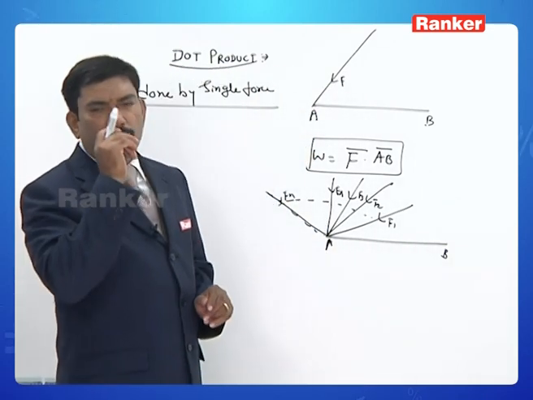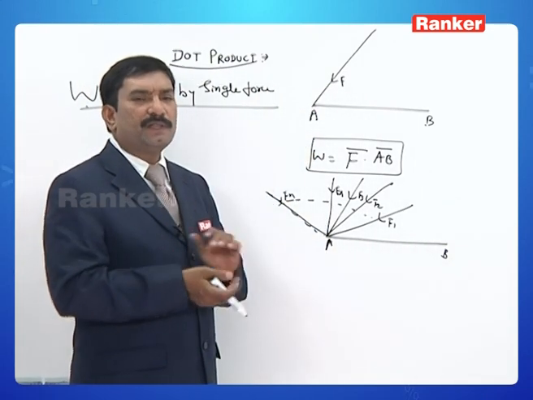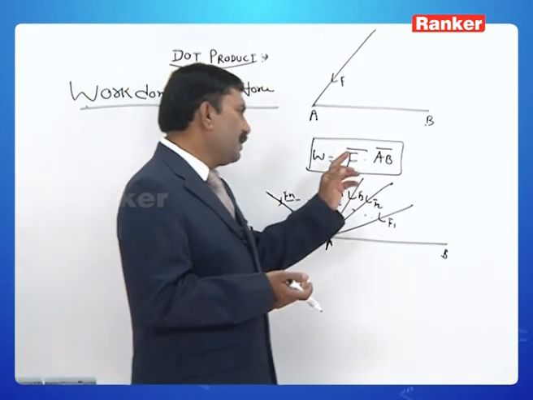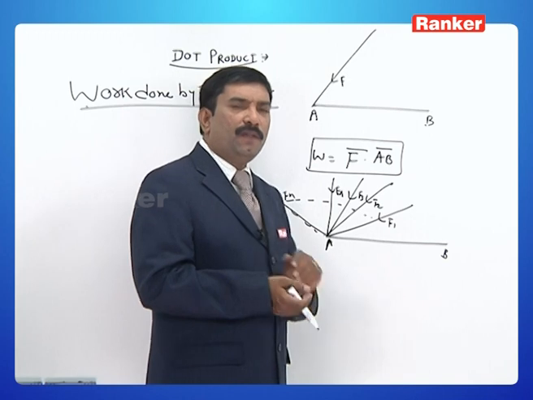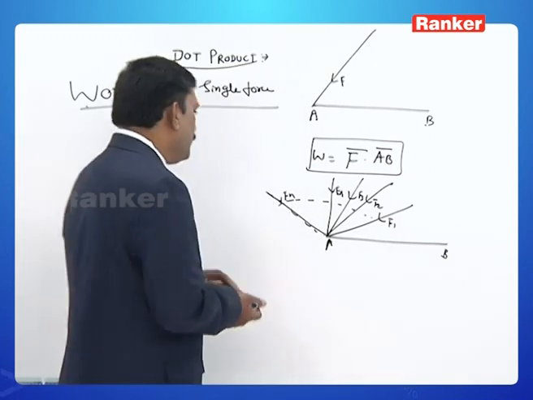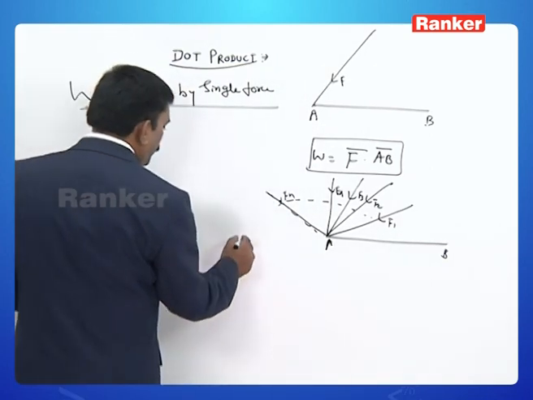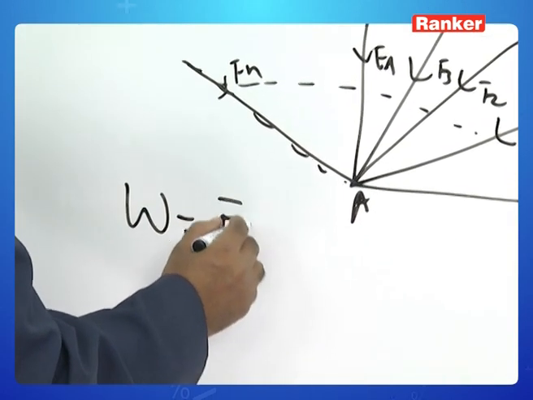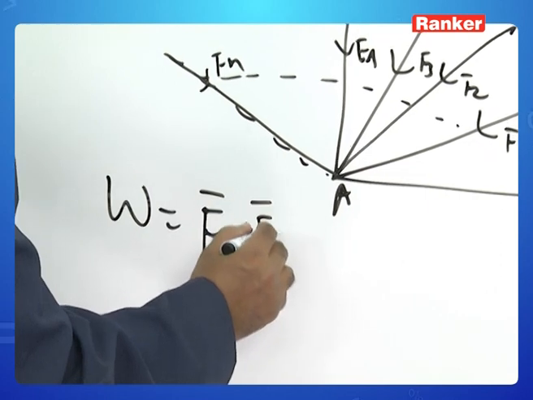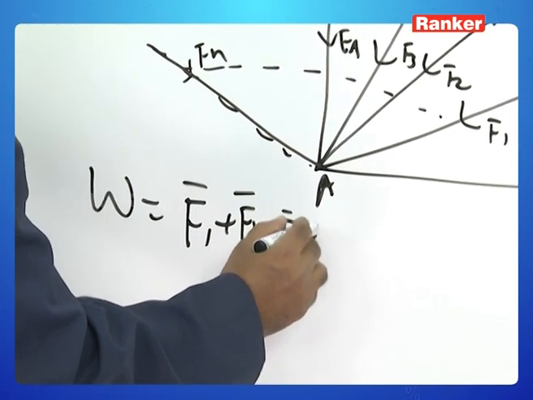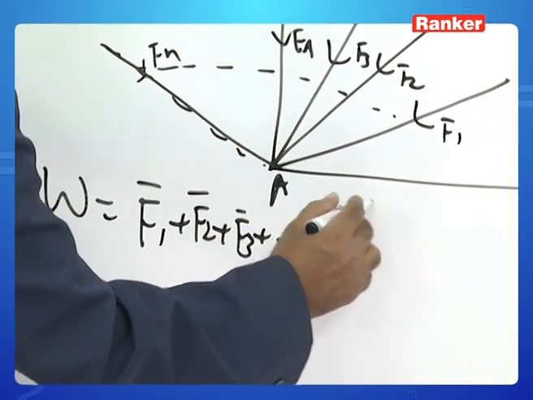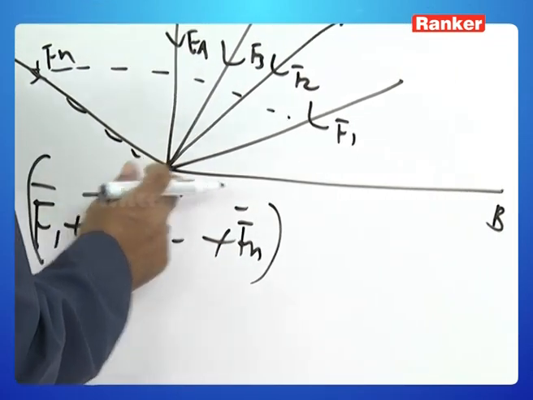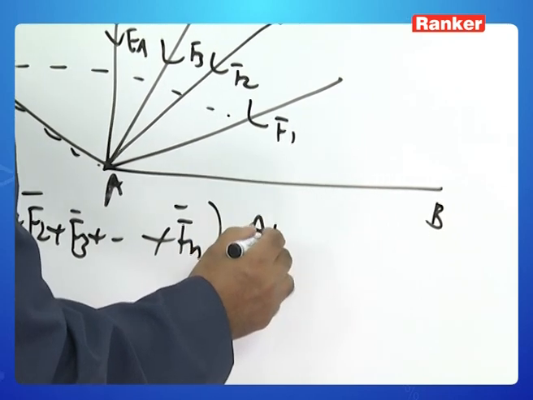Then work done by the cluster of forces means one or more forces. If it is only one force, I can take F bar dot AB bar. When you have one or more forces, I can write the work done W is equal to F1 bar plus F2 bar plus F3 bar and so on to Fn bar, the sum of all the forces, which is the net resultant force, dot AB bar.